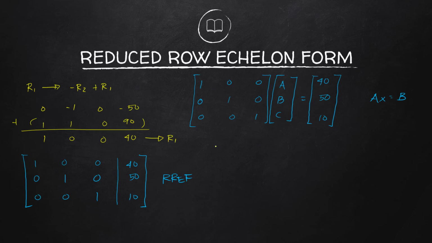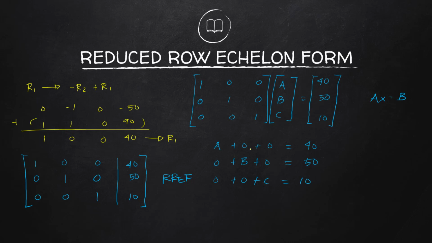So this will become 1 times A is A, 0 times B is 0, 0 times C is 0, that is equal to 40. 0 times A is 0, 1 times B is B, 0 times C is 0, this is equal to 50. 0 times A is 0, 0 times B is 0, 1 times C is C, and that is equal to 10.